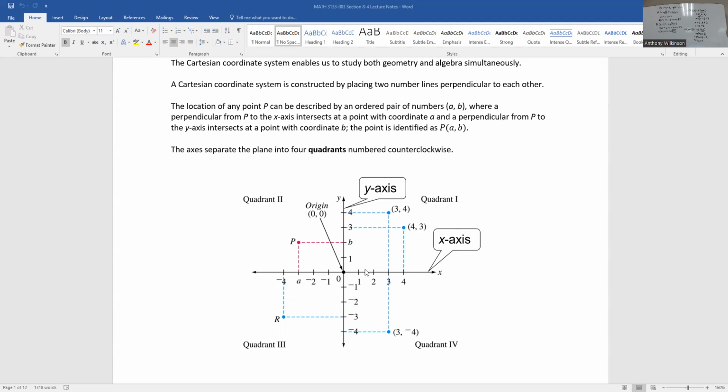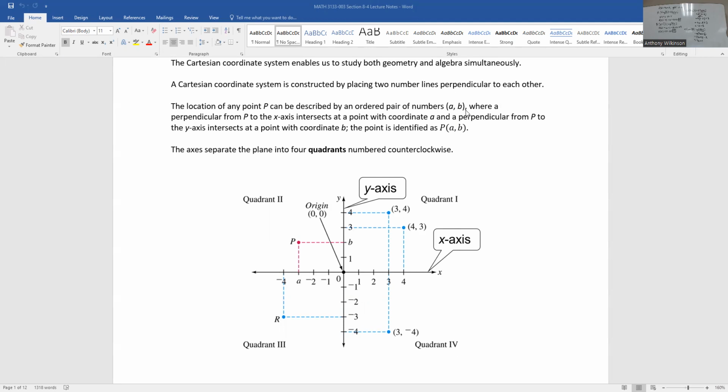And also, sometimes you may have a point that could be on the x-axis, and if it's on the x-axis, that means that your y coordinate is going to be 0, or it could be on the y-axis. And if it's on the y-axis, that means your x coordinate is 0. So now the location of any point can be described by an ordered pair, and they use a comma b.